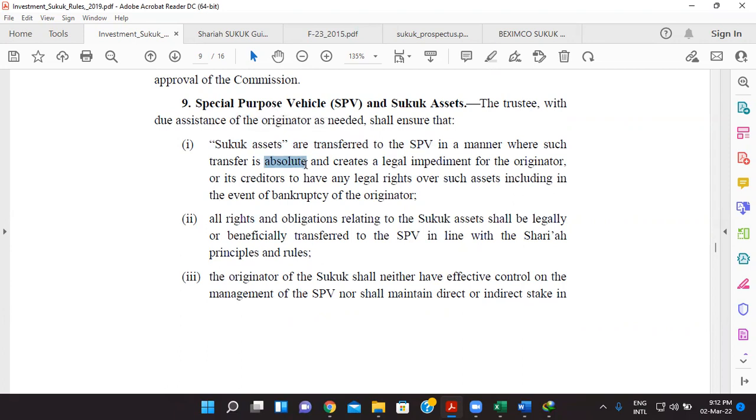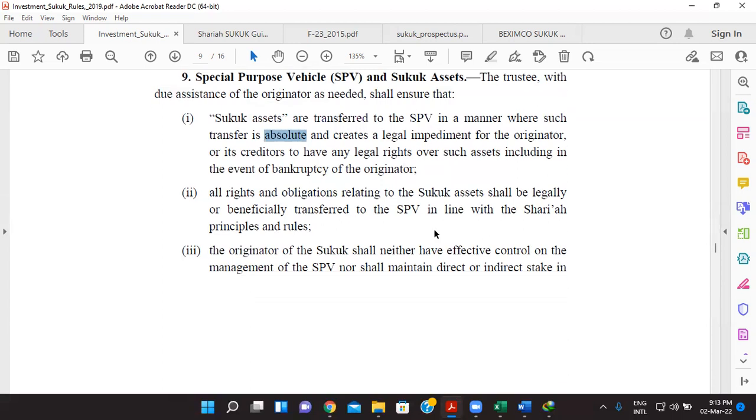The originator has absolutely transferred the ownership to the SPV, and it is a legal impediment for the originator or its creditor to have any legal rights over such asset, including in the event of bankruptcy of the originator. All rights and obligations related to sukuk assets shall be legally or beneficially transferred to the SPV in line with the Sharia principles and rules.